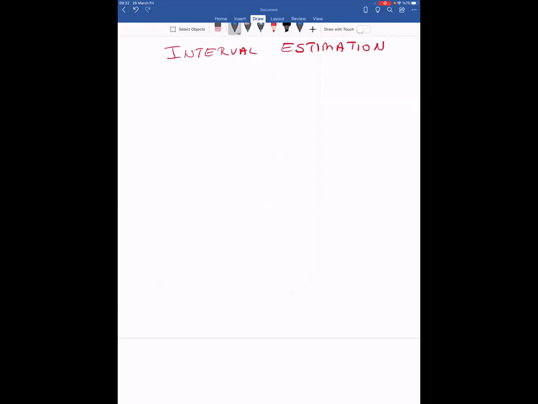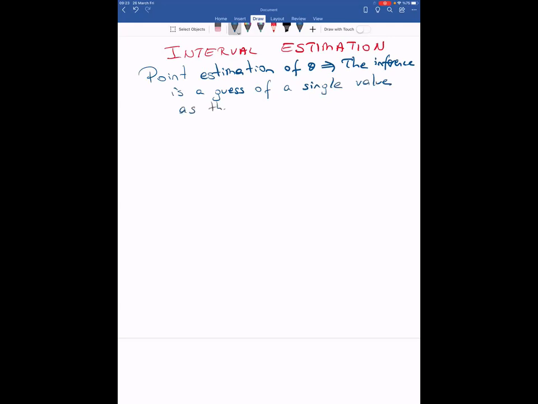So sample to sample, this value will vary. So in point estimation of theta, the inference is a kind of good guess of a single value as the value of theta.